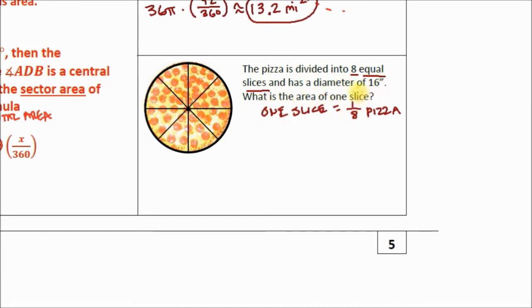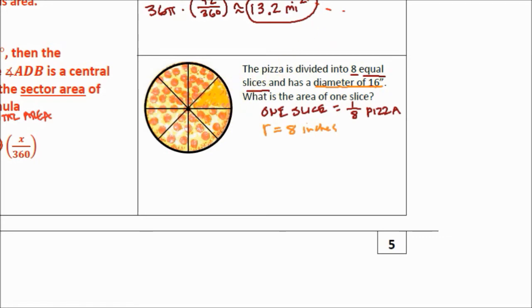All right, well, we got to be careful here. Diameter is 16 inches, and that means radius is equal to half of that, which is 8 inches. So the radius is 8 inches. Before we can find the area of one slice, which is this piece right here, let's say, any of these pieces will do, but let's just pick this one.